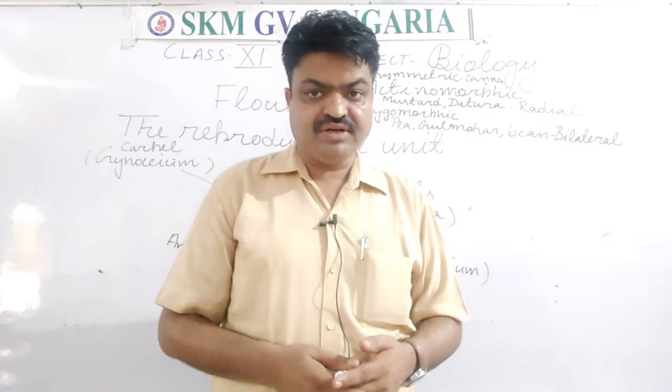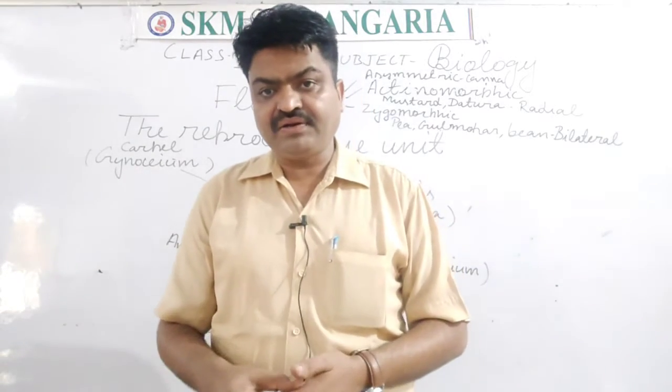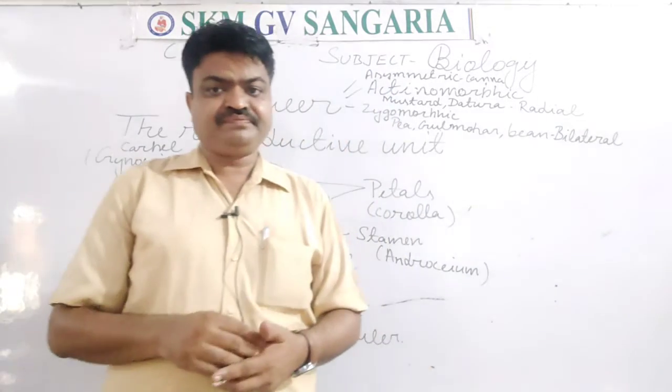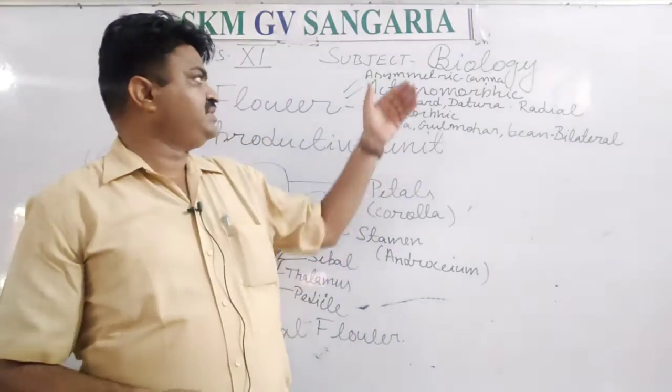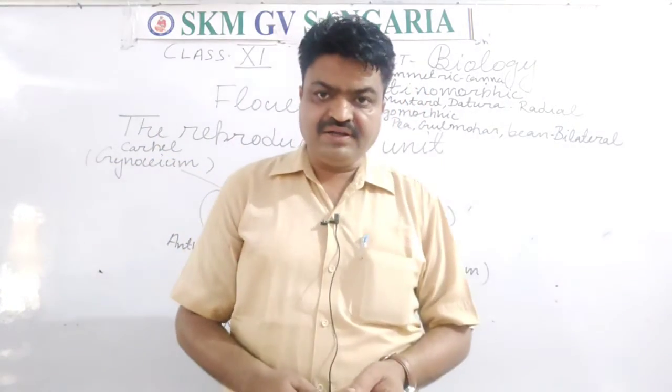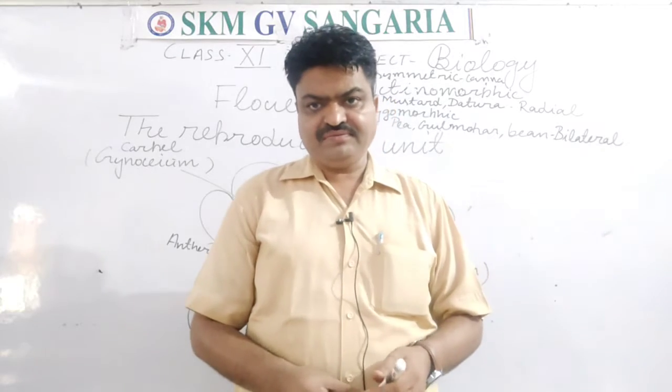These are the flowers, students, that have bilateral symmetry. So they have three types of nature, students. First is asymmetric, second is actinomorphic, third is zygomorphic.